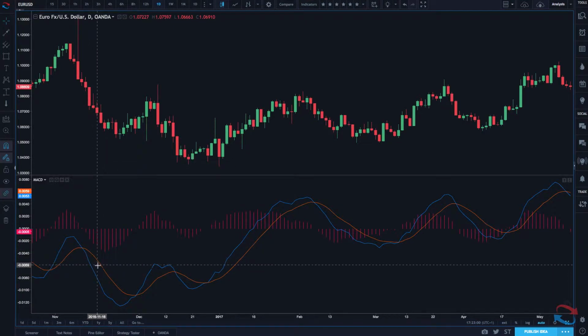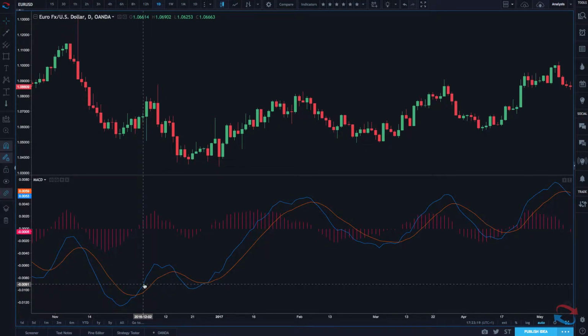And this gives us our orange line. The blue line is called the signal line, and it is a 9 period exponential moving average, plotted alongside the MACD line.